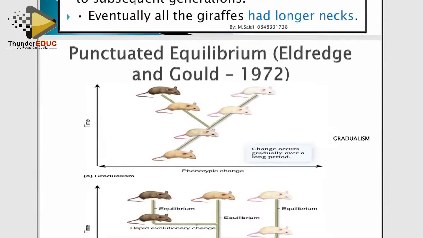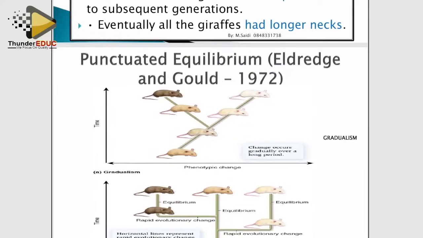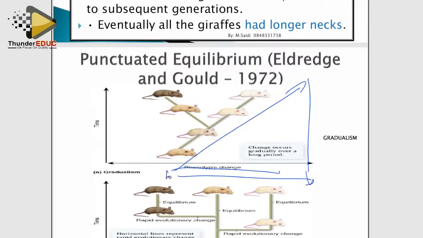This one, punctuated equilibrium and gradualism. You need to know that in gradualism, it requires a lot of time. Check the time it took from here up to here. While in punctuated equilibrium, it just changed from this.